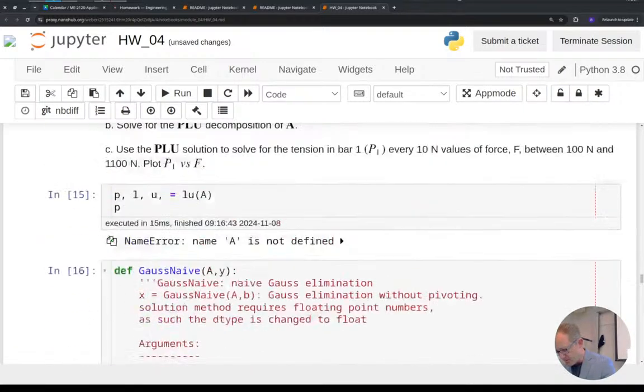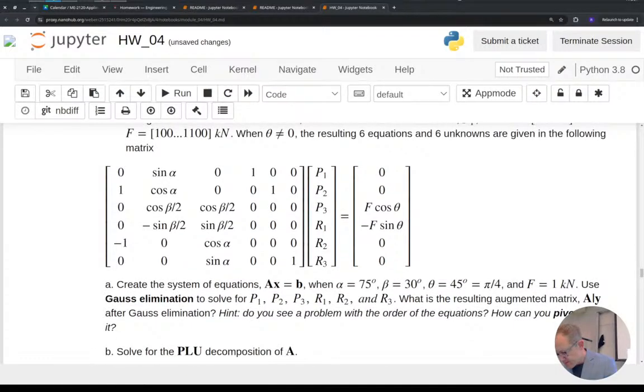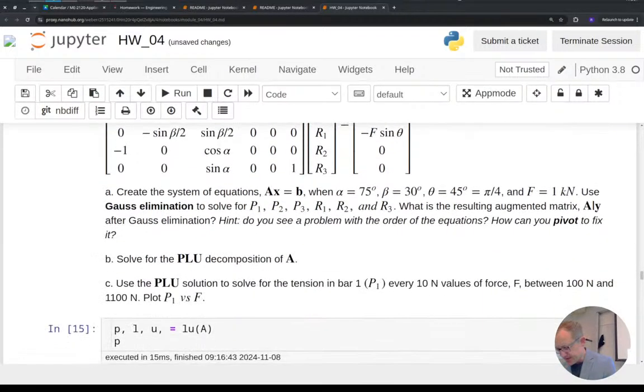And then what do we want? We want P1, so it's still just X0.